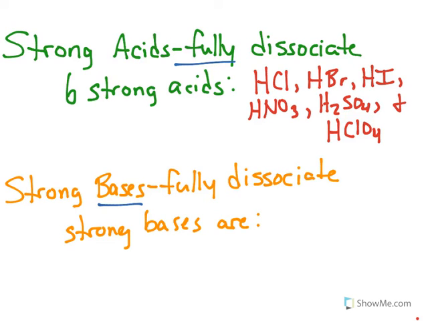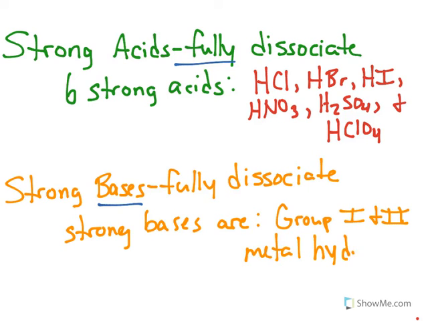Now, strong bases are your group 1 and 2 metal hydroxides. So what that means is any metal from group 1 or 2 combined with OH is going to be a strong base.